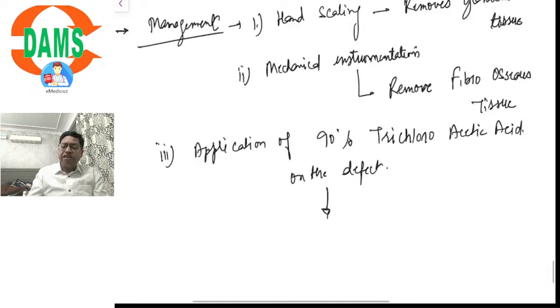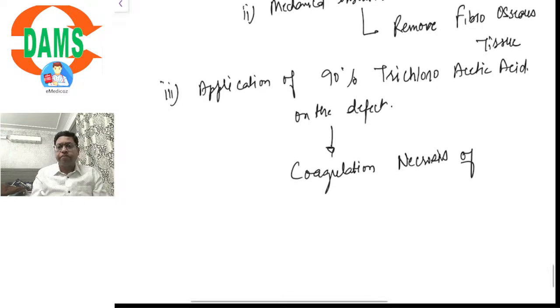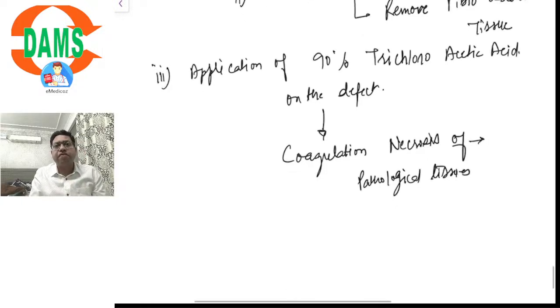What happens with this acid? It causes coagulation necrosis of pathological tissues. So we have to understand the sequence of events that is happening.